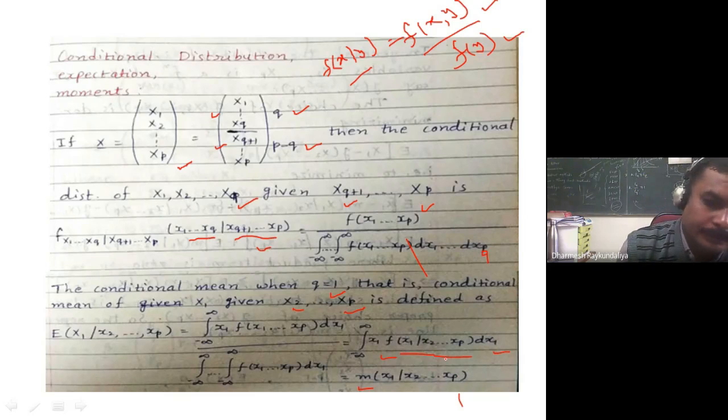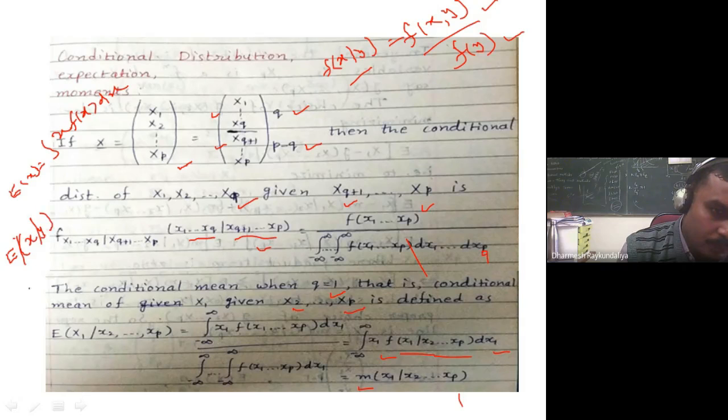In short, whenever you wish to find the expectation of x, what is the formula? Integral of x f of x dx. But if you wish to find the conditional expectation of x given y, you require x and f of x given y, and then dx.